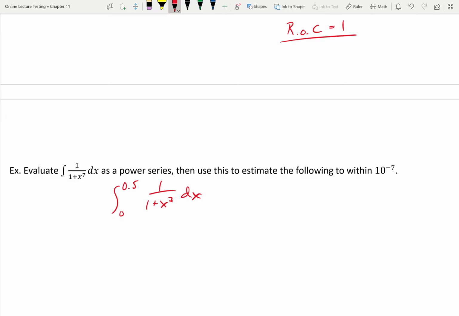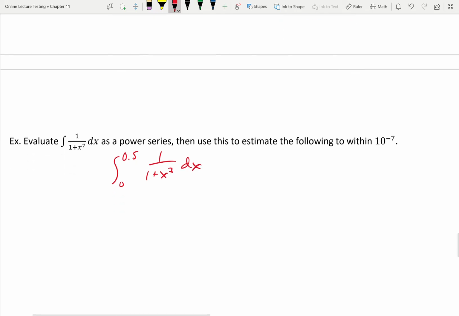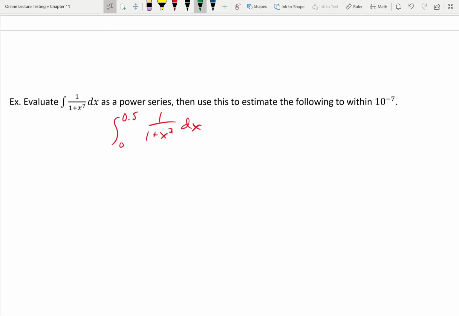Okay, so first of all, let's find the power series representation of 1 over 1 plus x to the 7th. A way to write this is 1 over 1 minus negative x to the 7th. So this is our r.